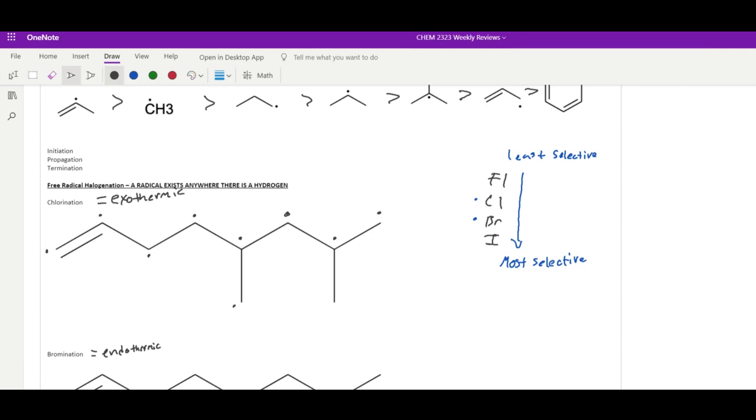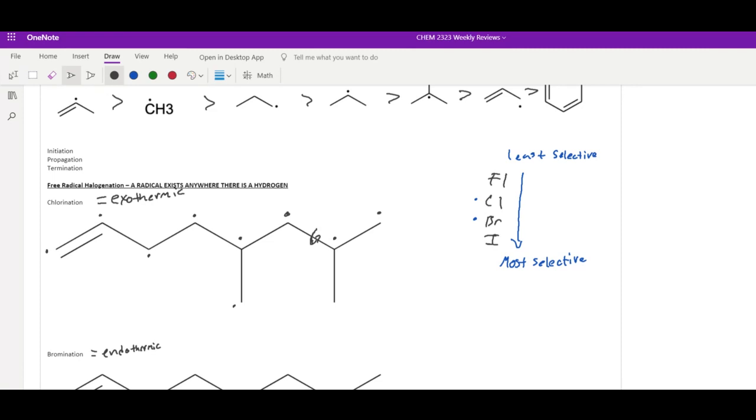Notice how I did not put a radical right here because this radical and this radical are the exact same because there is rotational symmetry on this single bond. This methyl group can easily be on that side and it will be the exact same thing. That's why there's only 1 unique radical there. So that is the first step.